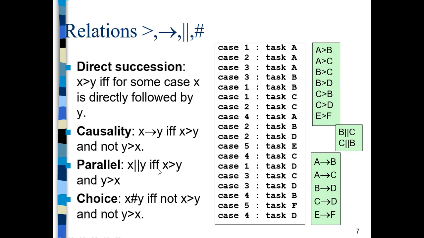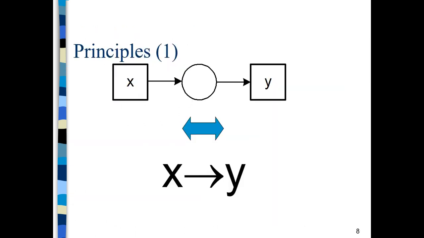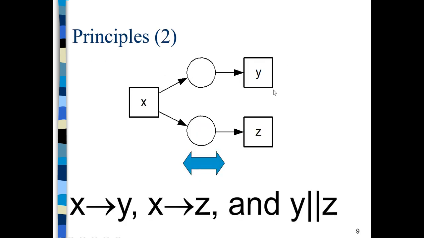And how these relationships are converted in a Petri net, we'll look at now. For example, this is direct succession and this is parallel. After X, it will put tokens in both places, and Y and Z can be executed independently and in parallel, because both have different token places.